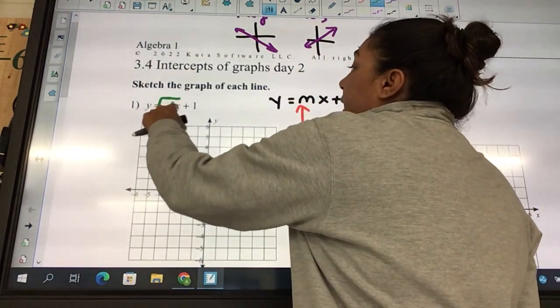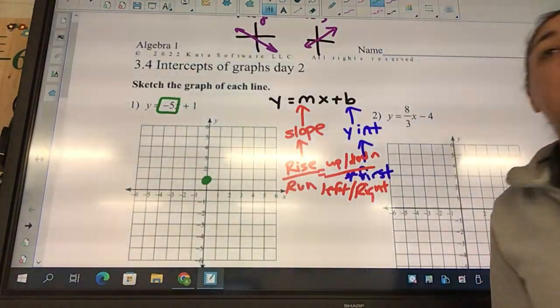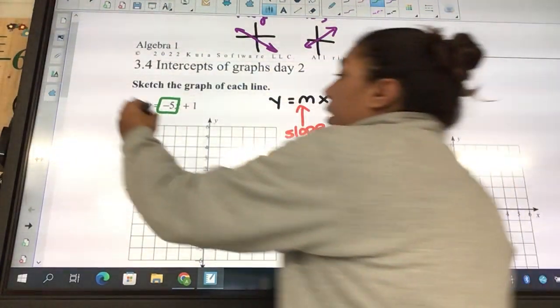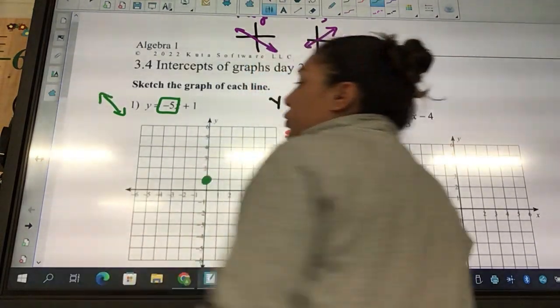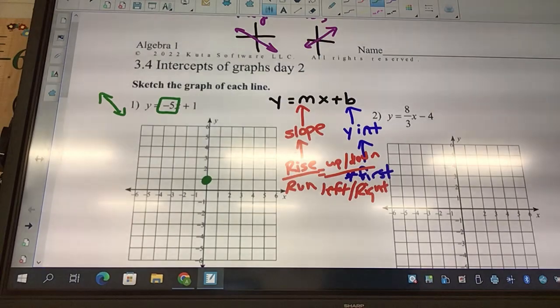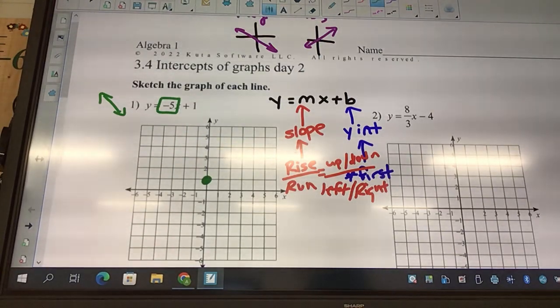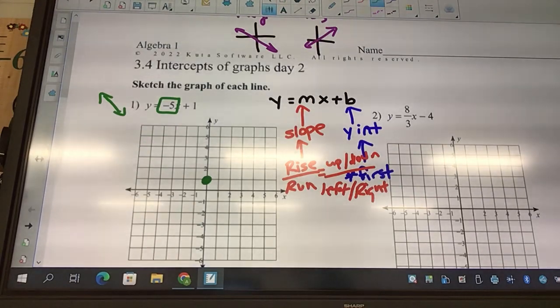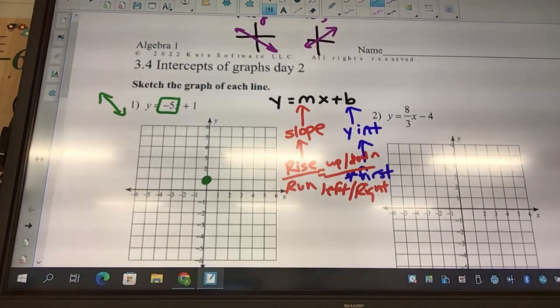Is our slope positive or negative? Negative. I would get in the habit of drawing yourself a little picture off to the side of which way your line should go. That is the number 1 mistake kids make with graphing. It's not the slope, it's not their y-intercept, it's this part, whether the line goes this way or this way. So we know what our line should look like.